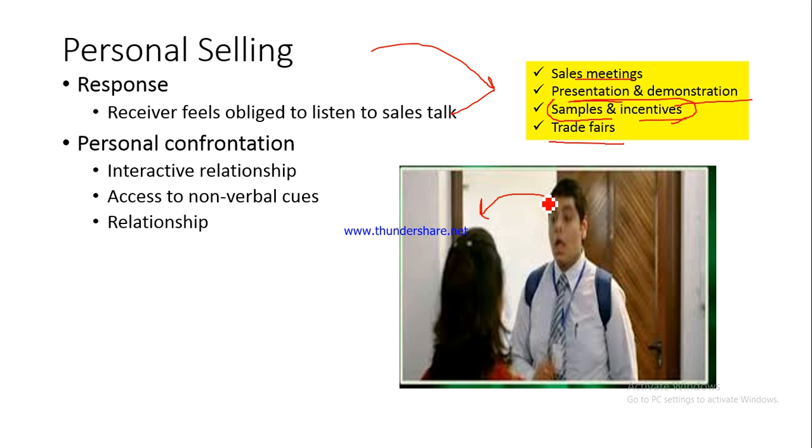sales pitch, right? And there's a relationship also between the sender of the message, the salesperson, and the receiver of the message, that is the prospect or the customer. Many a times this relationship gets converted into a long-term relationship wherein the salesperson keeps on informing the customer about the new products and upgrades that have come into the market.